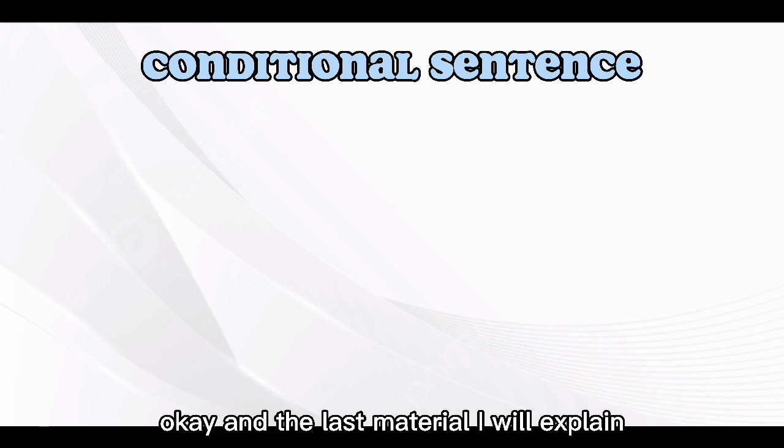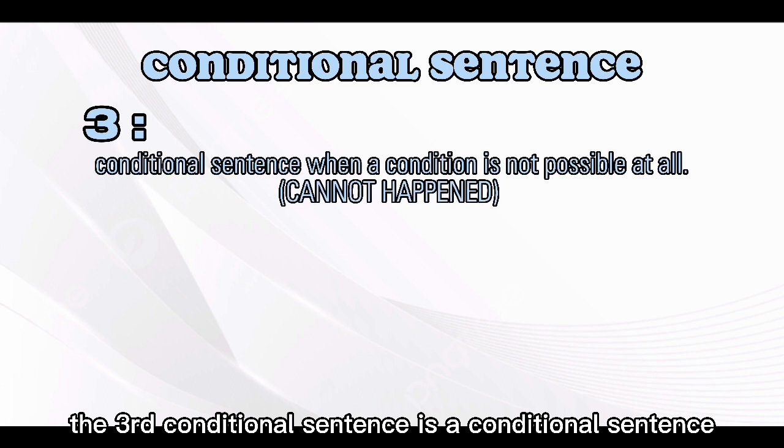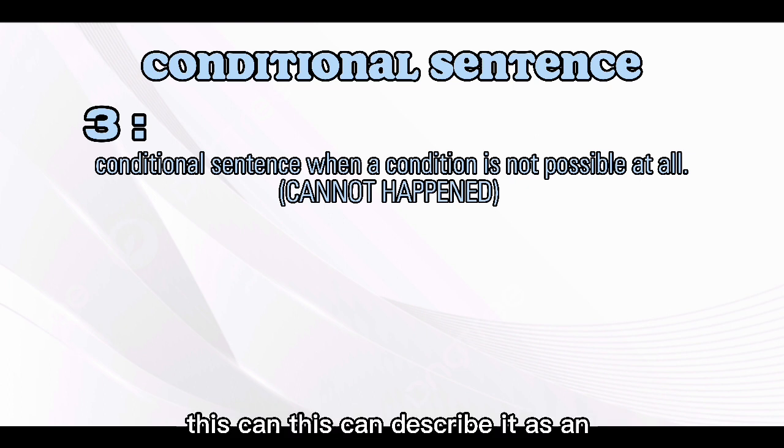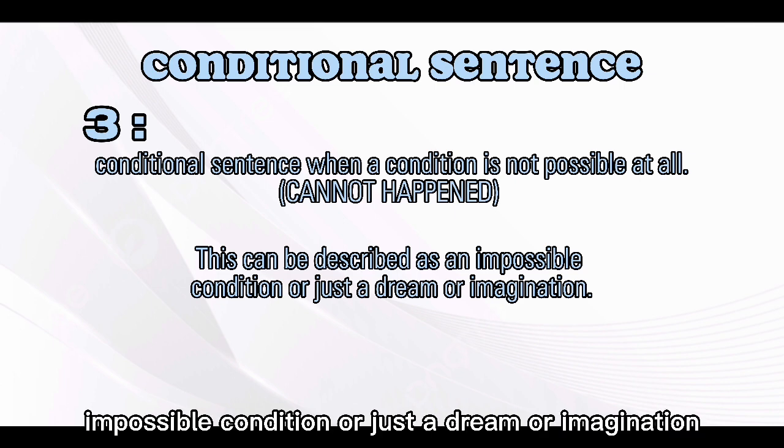Okay, and the last material I will explain is the third conditional sentence. The third conditional sentence is used when a condition is not possible at all. This can be described as an impossible condition or just a dream or imagination.